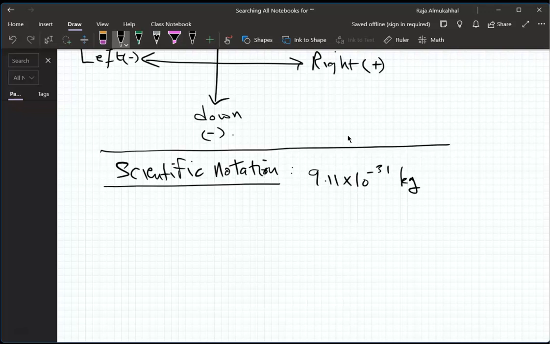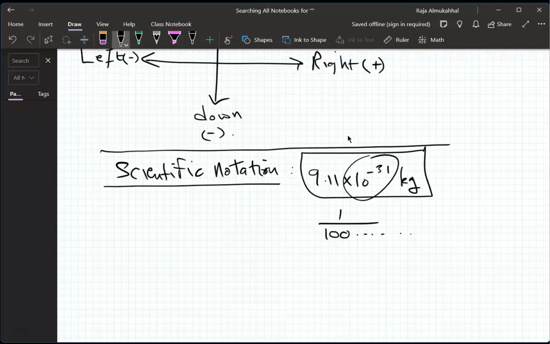What that means is it is 1 over 1 followed by 31 zeros. So it would be impractical to keep writing this very large number of digits just to do the calculation. So scientific notation is a way to write the number in a shorthand way. That's why we use it, and that's why it is important.